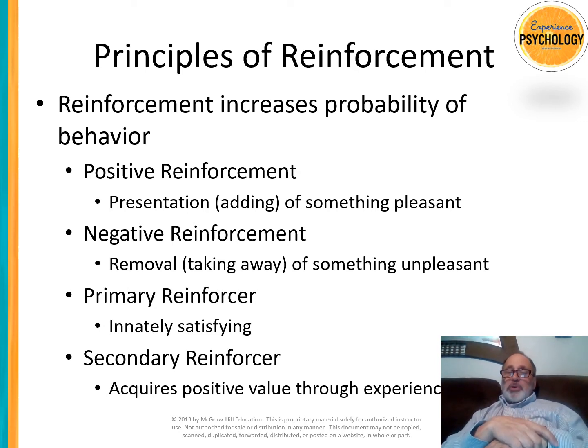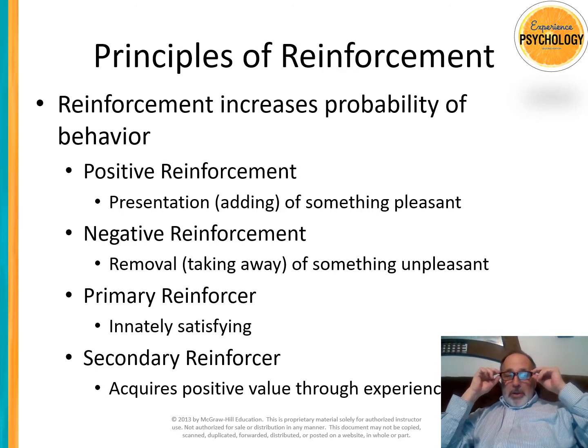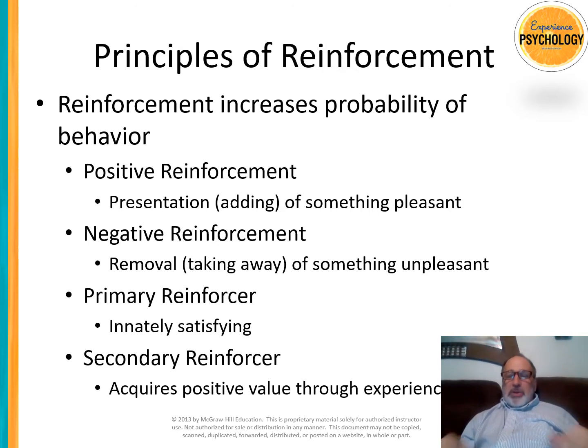Secondary reinforcers acquire positive value through experience. So, for example, if we went to some tribe in the Amazon and we gave them $1 million in cash, it would have no positive value whatsoever for them.